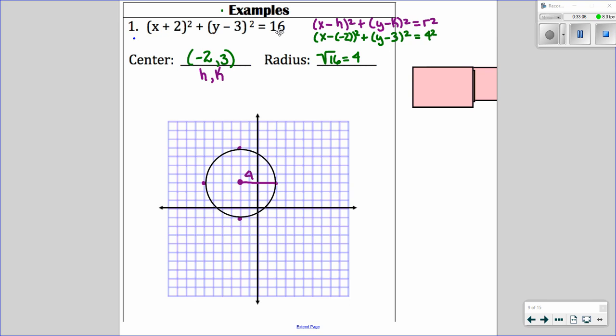And for the radius, you have to do the square root, because this doesn't represent the radius. It is the radius, but it's squared. You have to work backwards and find what it was originally before it was squared. Be careful, because I've seen where someone gives me 16 as the radius, and it's like, no. So be careful. You have to do the square root of whatever they give you, because this is simplified. So you need to work backwards.